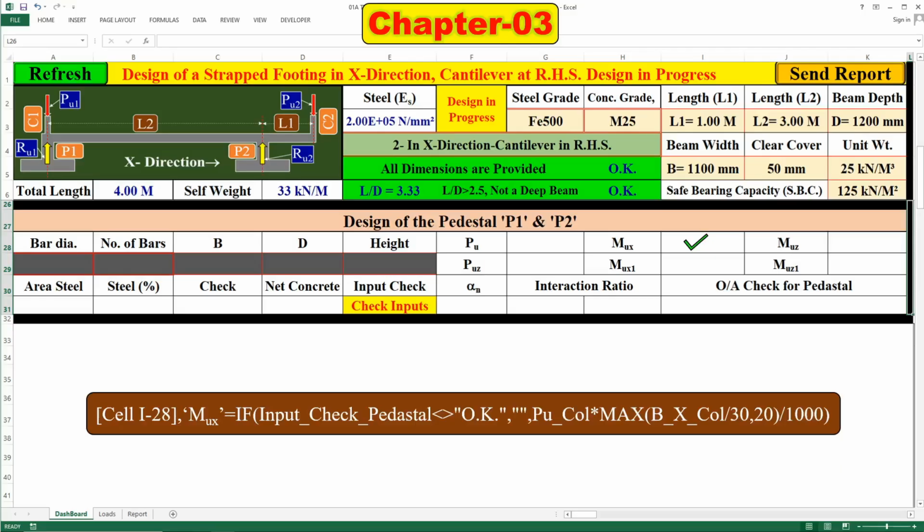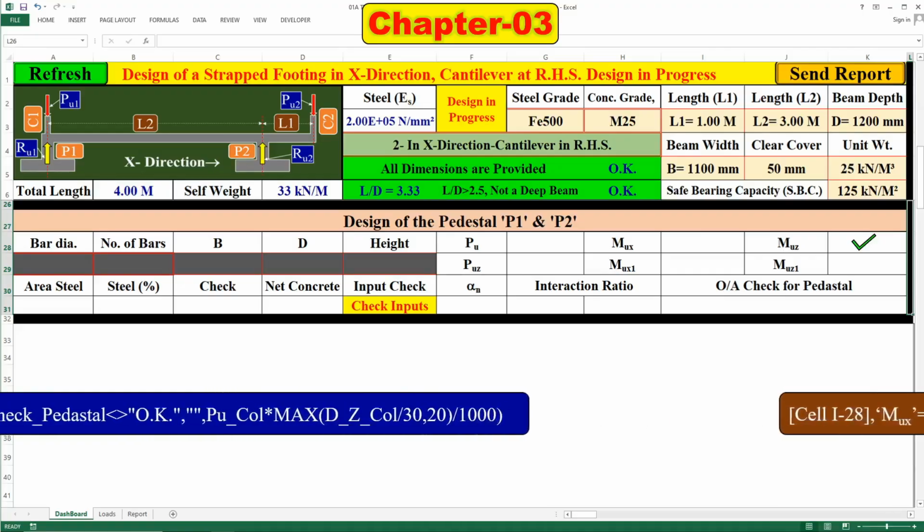The defined name of the cell is MUX_COL. The calculation is PU_COL multiplied by the maximum of B_X_COL divided by 30, and 20, divided by 1000, to convert the dimension from millimeters to meters.